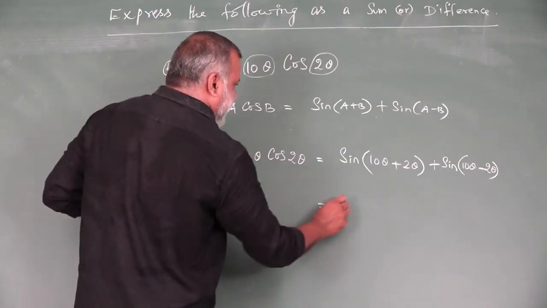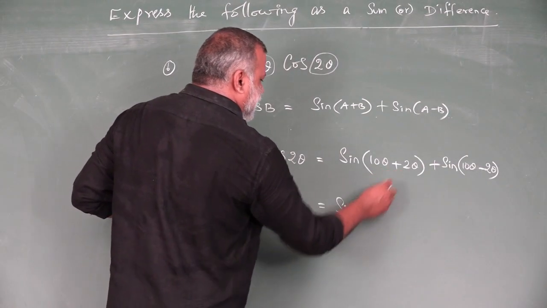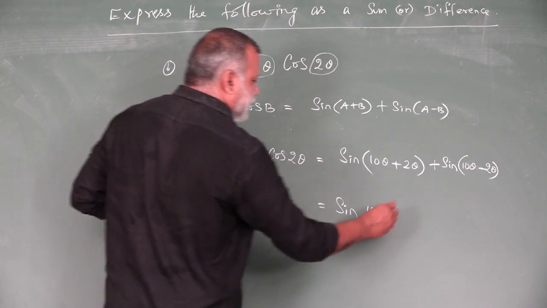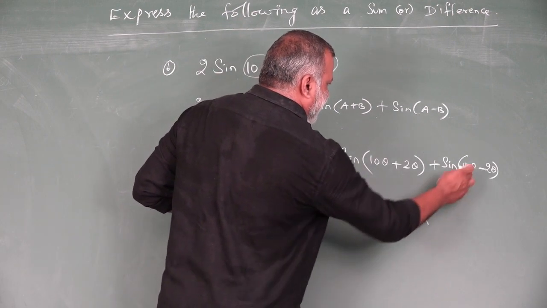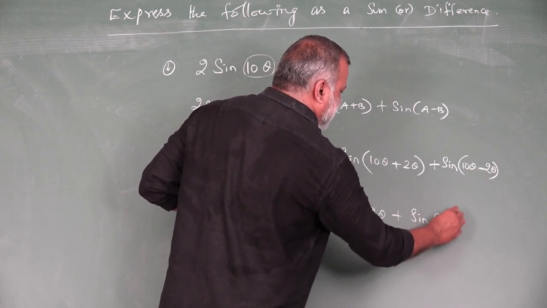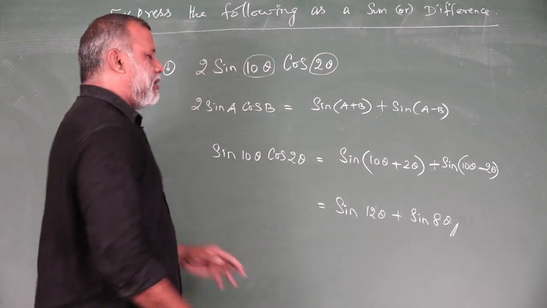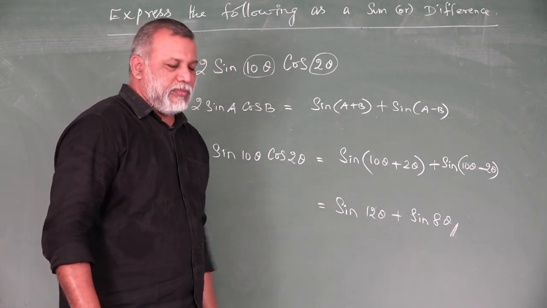So if you are simplifying, we can get sin of 10 plus 2, 12 theta here, then plus sin of 10 minus 2, we can get 8 theta. Once again, the resultant is a sum.